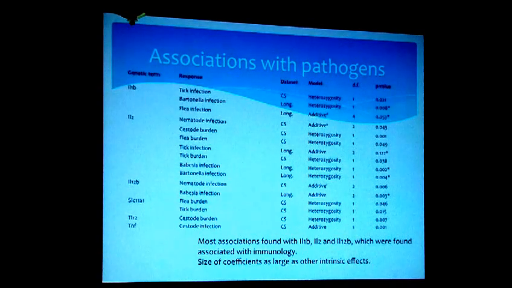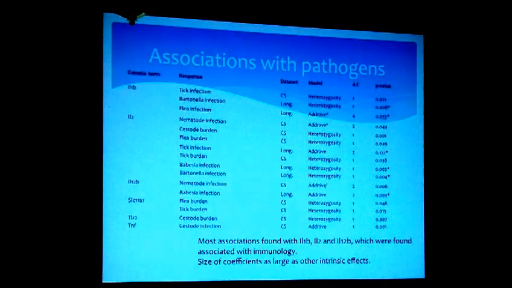Without looking in too much detail at this great unwieldy table, the previous table I showed had IL-1B, IL-2, IL-12B variation being associated strongly with differences in immune parameters. And again, it's those three genes, the diversity of those three genes, which seems to be dominating this table.